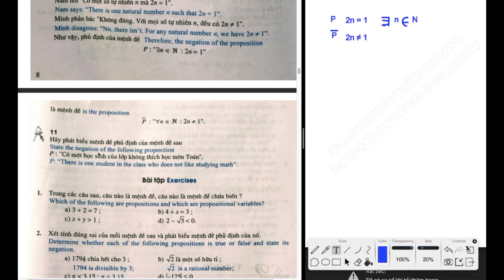State the negation of the following proposition. The proposition P: there is one student in the class who does not like studying much, and you have to make the negation for this proposition.